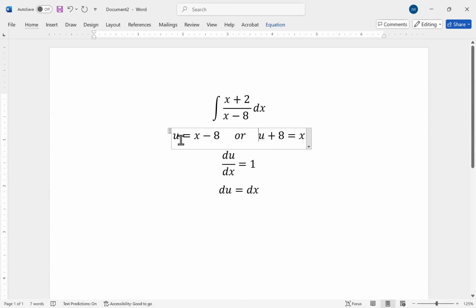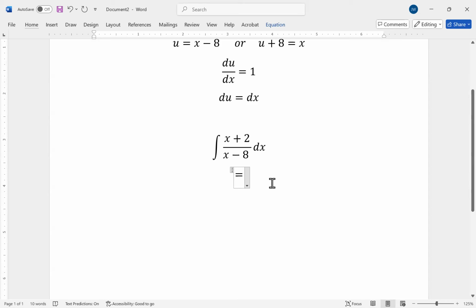So I could have thought of replacing the x minus 8 with a u, or I can also replace any x I see with a u plus 8. Think about what that does to my integration.